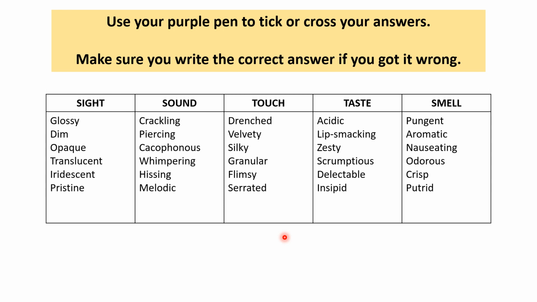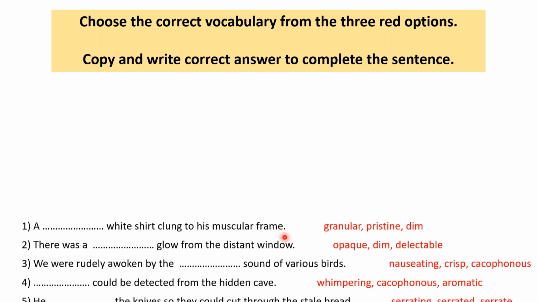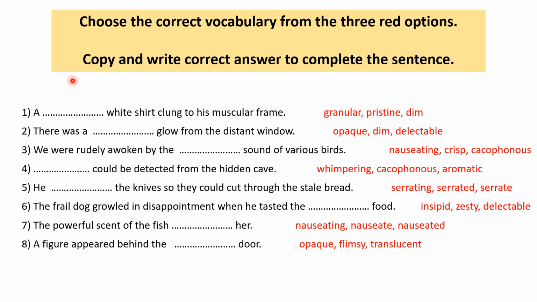Okay, so we know the words, we know what sense they describe, but now we need to make sure that we can use them properly in a sentence. So what you're going to do is there's going to be a list of sentences with 3 red options. You are going to copy and write the correct answer to complete the sentence. So let's look at number 1.